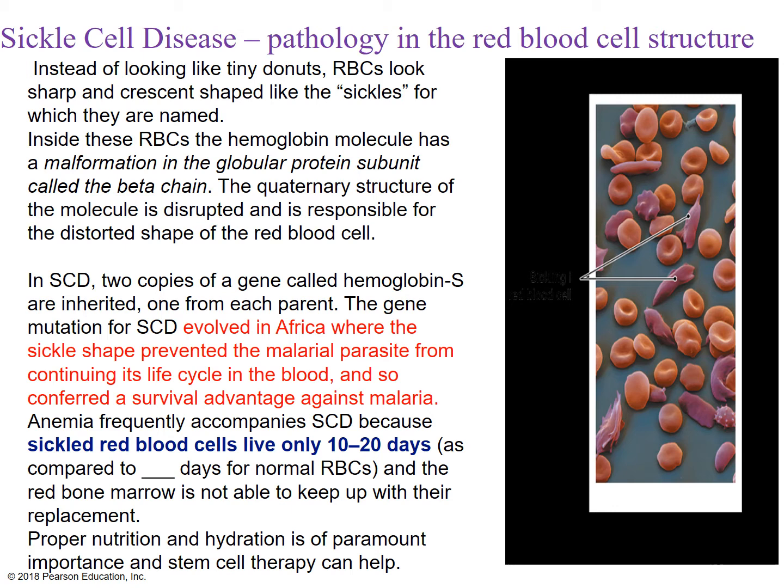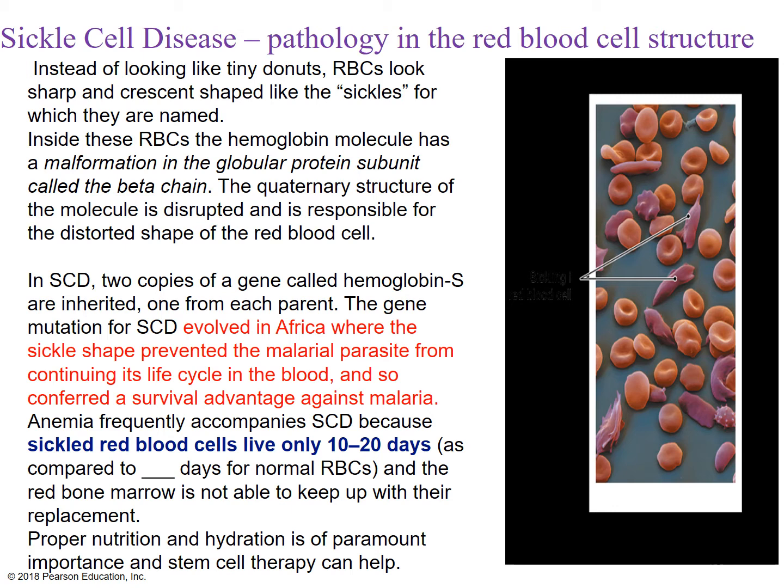Inside of the red blood cells, the hemoglobin molecule, remember the one that will carry the oxygen, is going to have a malformation. And this malformation is what is disrupting the shape of the red blood cell. In sickle cell disease, you get 2 copies of a gene called hemoglobin S, inherited one from each parent.